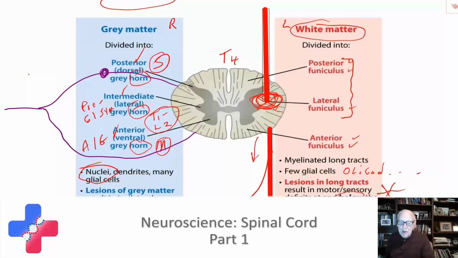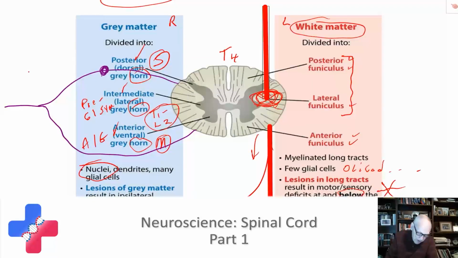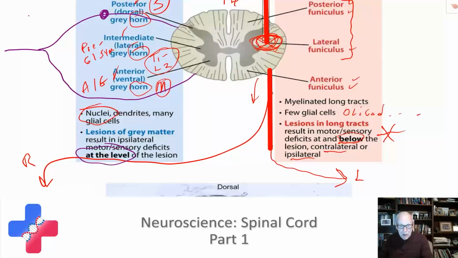Now, when you talk about gray matter, what is the strategy rule here? What's the clinical rule? Notice this one is at the level, not below the level of lesion, but at the level. And that's the key point of differentiation. Now, if you think about this spinal cord and these dorsal and ventral roots, if this hand represents the dorsal and ventral parts of the roots, and this hand represents the dorsal and ventral horns of the gray matter, notice they are lined up.